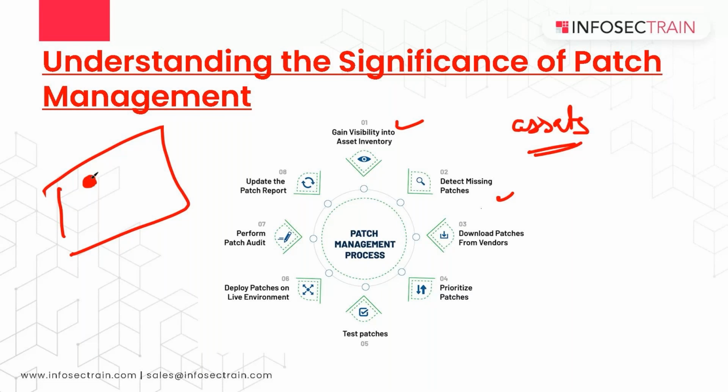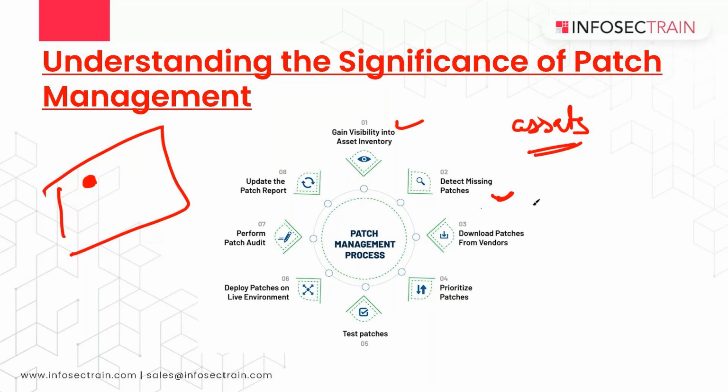That is our detection of missing patches. We will perform a thorough network scan, like a medical checkup for our assets, to see what sort of problems they have. So that is our detecting missing patches.